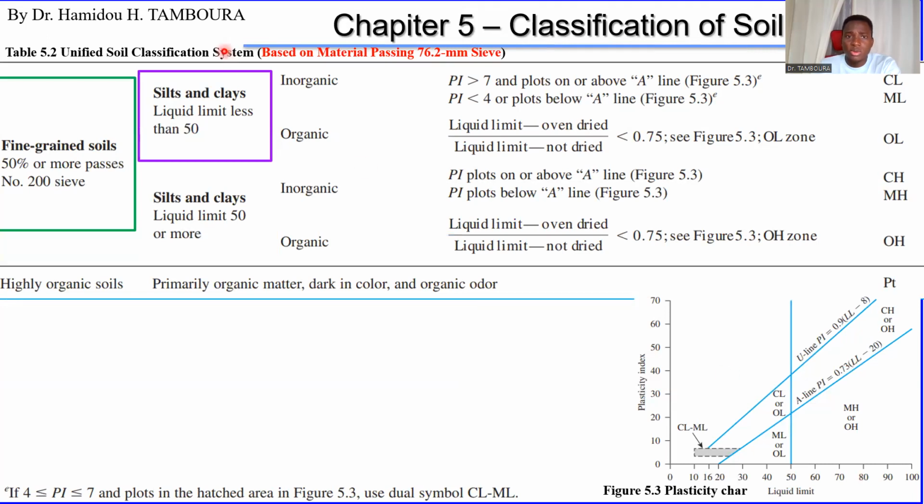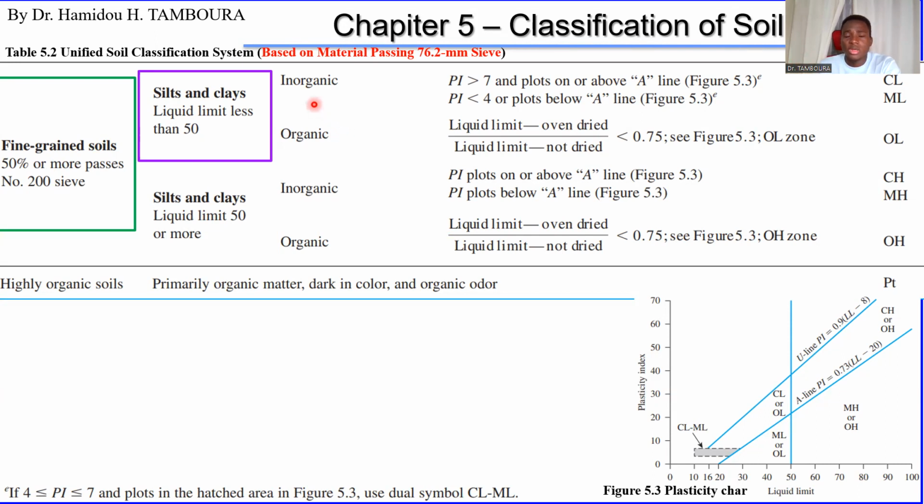Okay. So we have two possibilities: inorganic or organic. Organic means soil that contains some organic matter like grass or roots, vegetation, something like that.